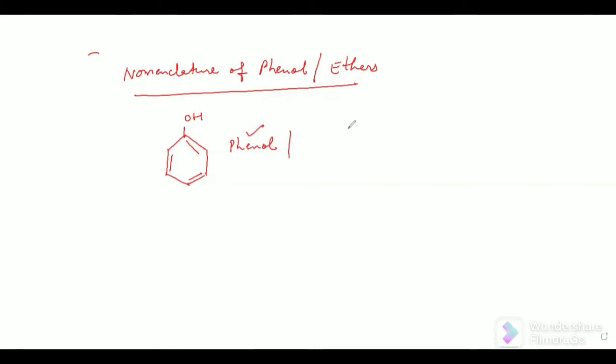Now here we can discuss some more examples. If in a benzene ring one methyl group is present at a particular carbon, this is the methyl group, and here one OH group is attached. So the common name of this compound will be orthocresol.